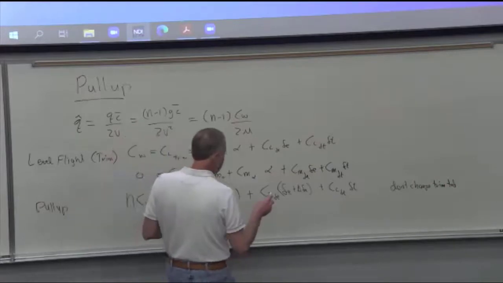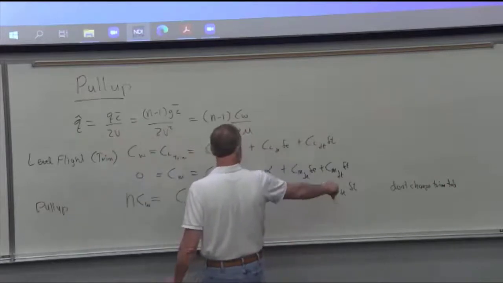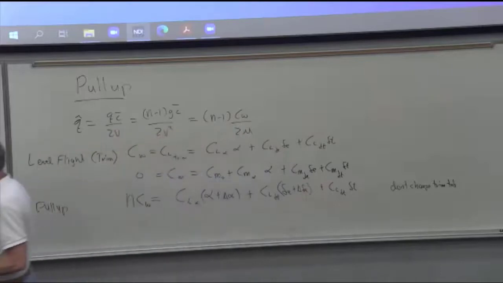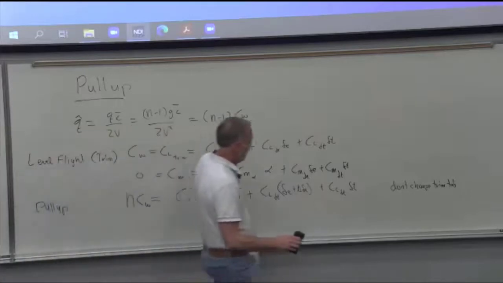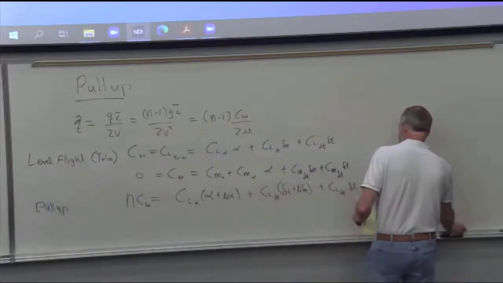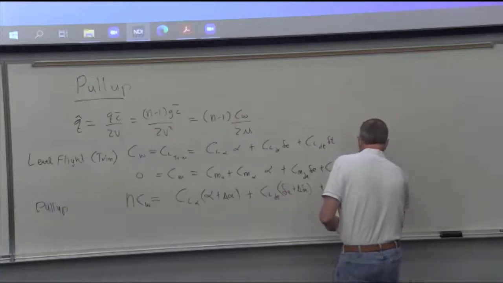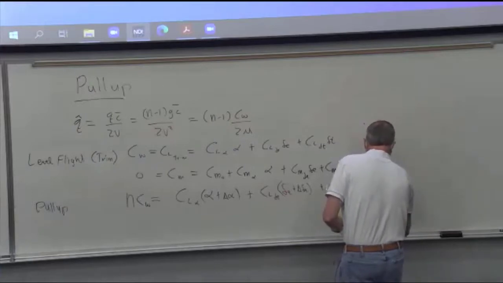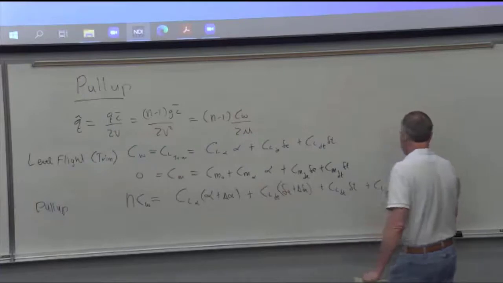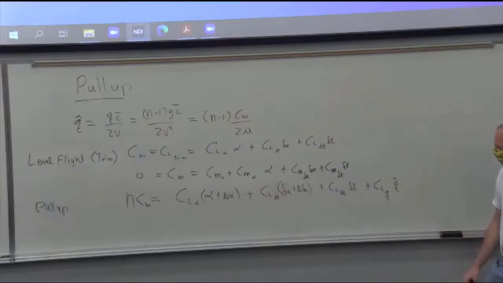And then we have to add in, oh, it didn't leave me room. I got to add another term on here. We got to add the effect of the pitch rate, Q, on the lift. And this is where we use that Q hat, the non-dimensional pitch rate, to add in there.